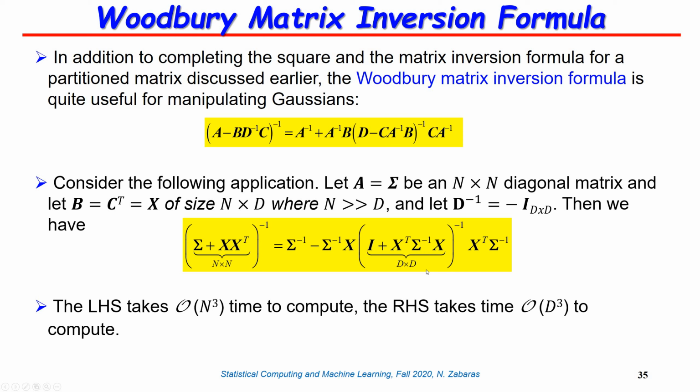Let me give you another example. I said I didn't want to say lots of details here, but this matrix X that I use here, of dimensions n by d, can be what is called your design matrix. The design matrix is the matrix that contains your data.